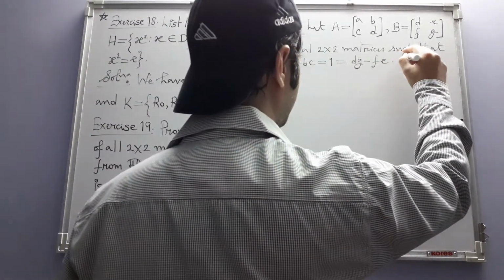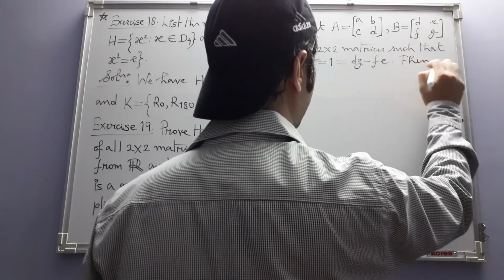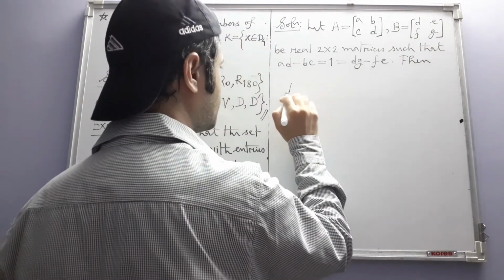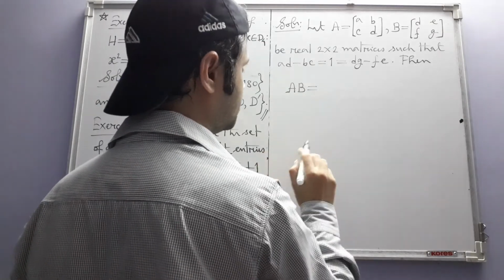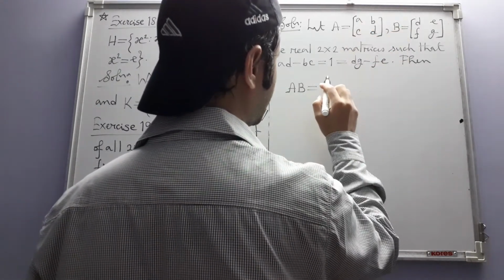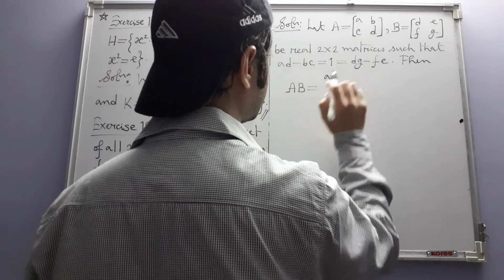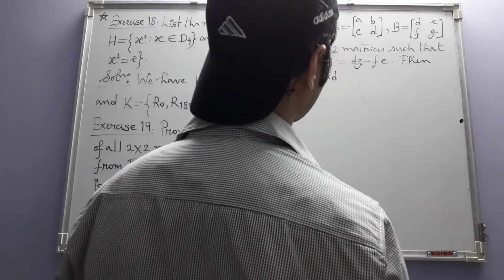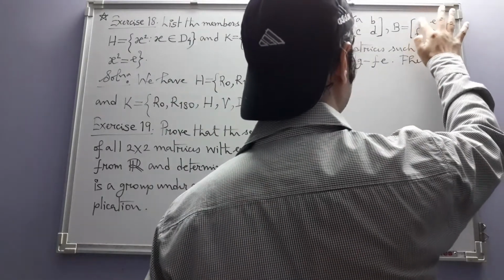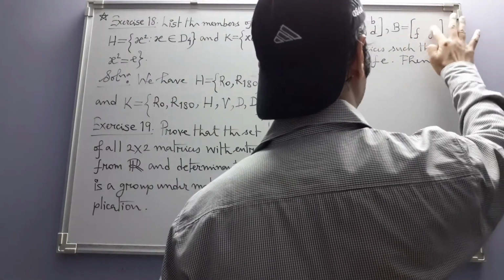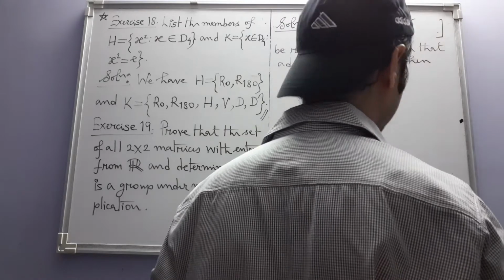Then what about AB? Oh, sorry, we have taken this d here, no? So that's why it was looking a little strange to me.